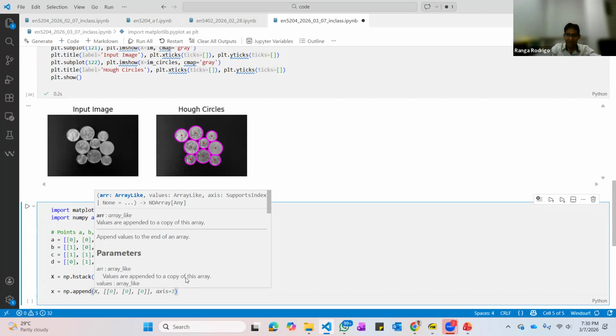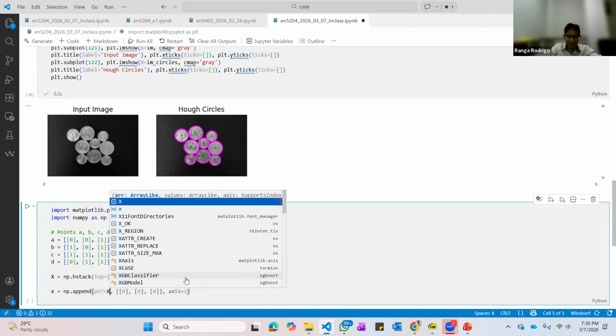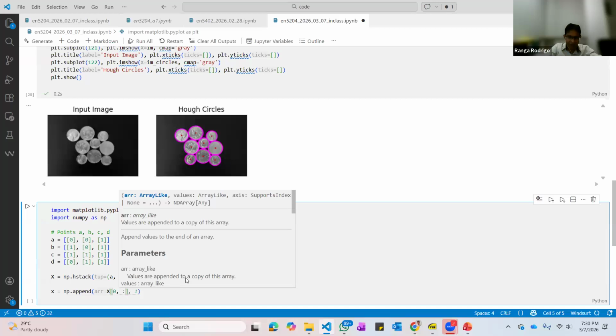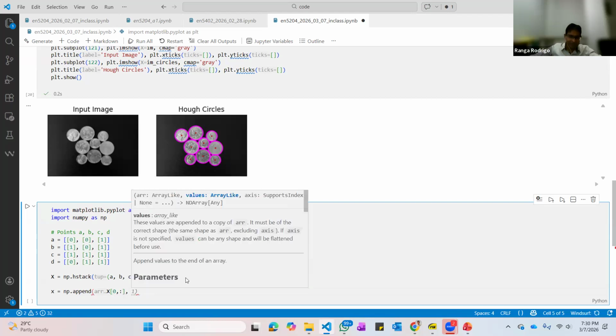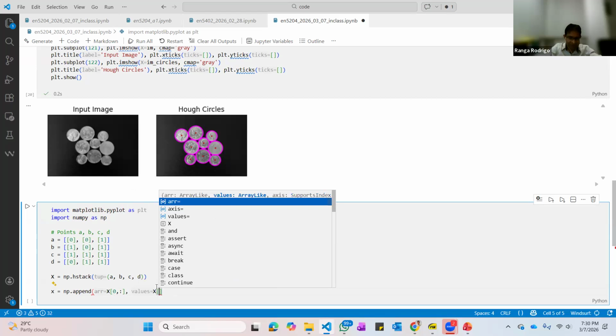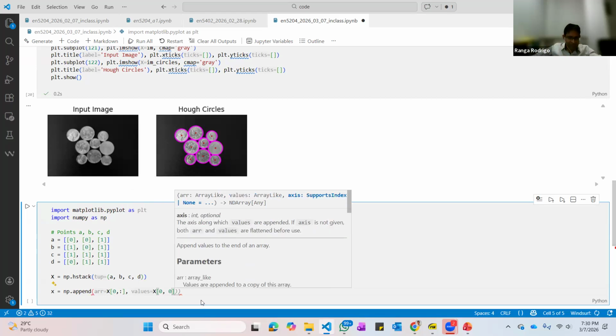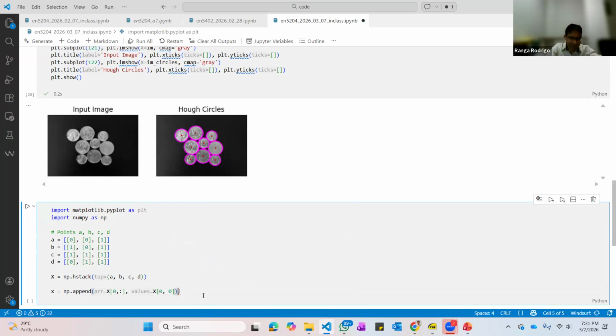I want to get the capital X, the first index and all the columns, and I want to append the first one again, because I have to get a cycle of this.